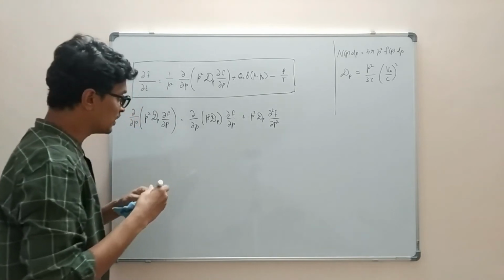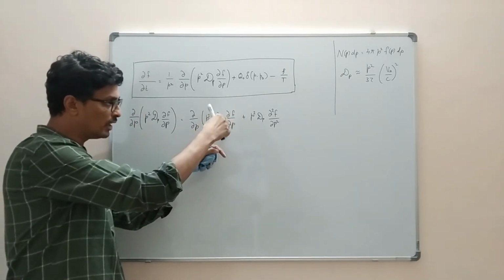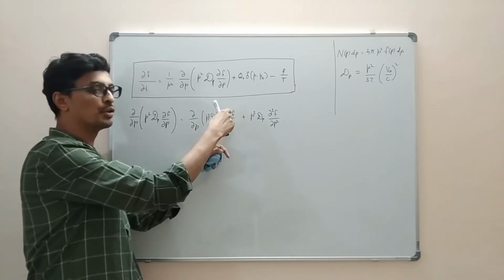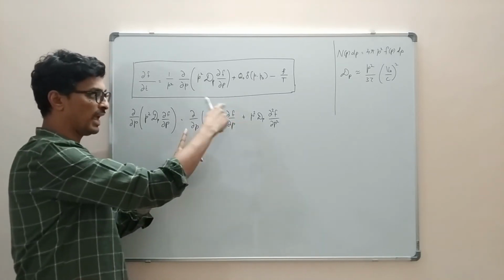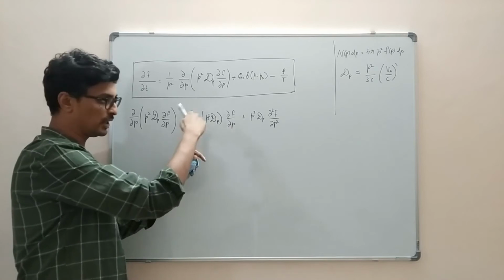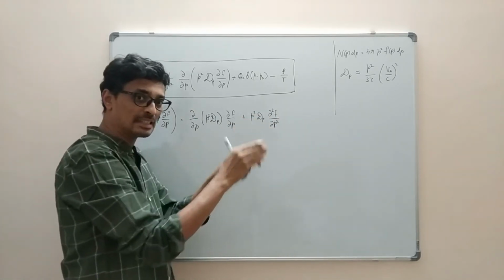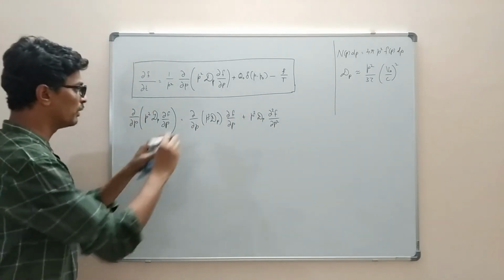If you see this term, del F by del P, typically this is the acceleration term. It says how this distribution is going to change with momentum. So this term describes the acceleration of the charged particle, and this term, del squared F by del P squared, gives a dispersion. So this is the acceleration term with a dispersion term. So we'll keep it like this.